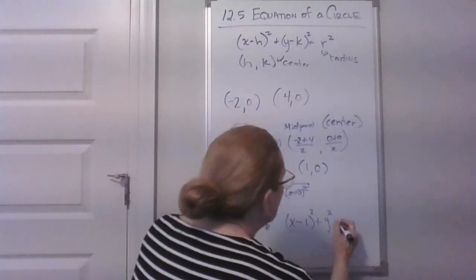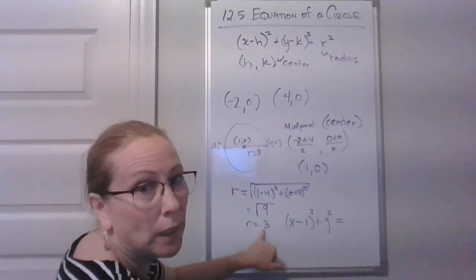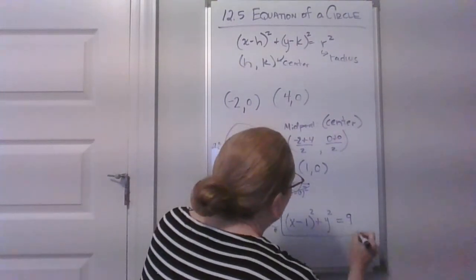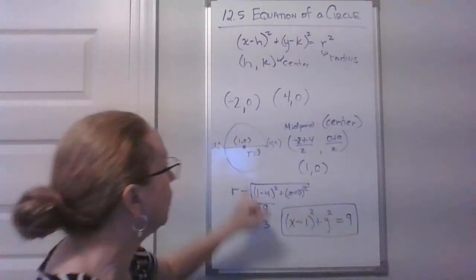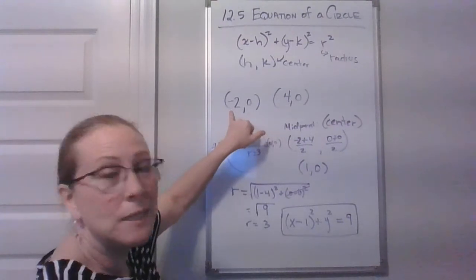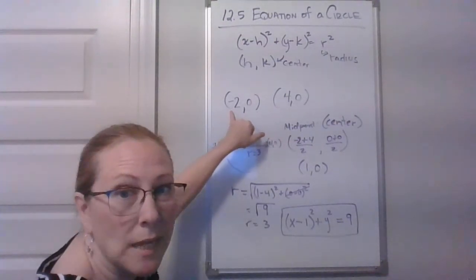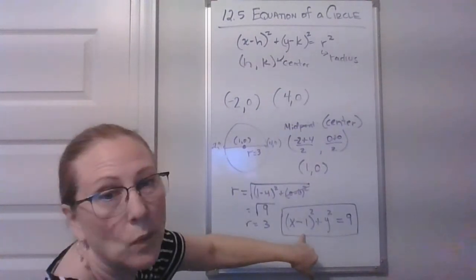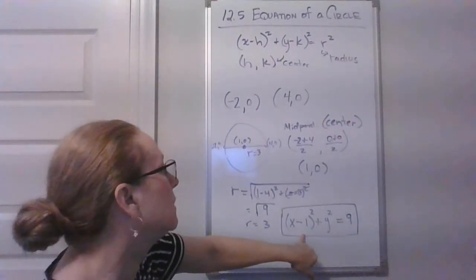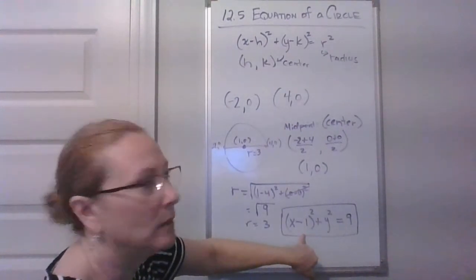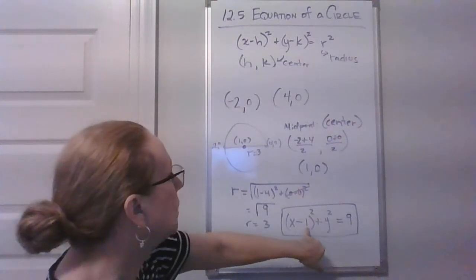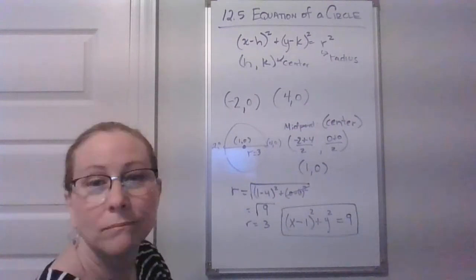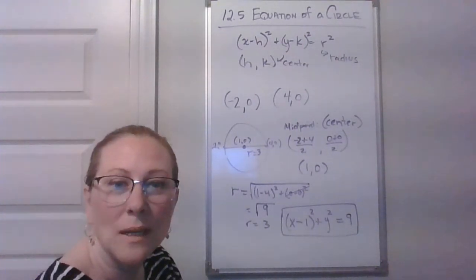And then our radius, well, we have 3. 3 squared is 9. So the equation of the circle with these endpoints at the ends of a diameter would be x minus 1 squared plus y squared equals 9. Notice the center is at 1, 0. The radius is 3.